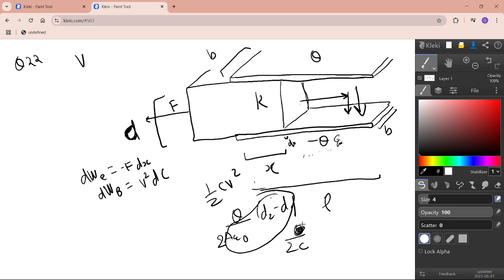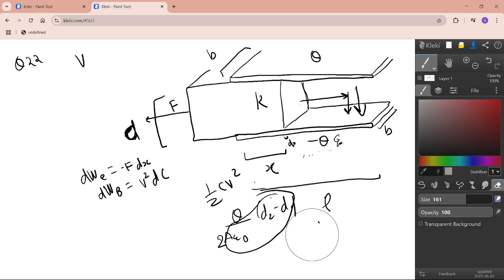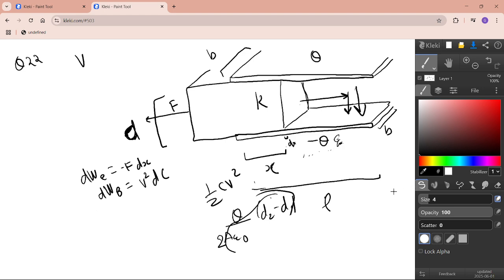And Q is also given by C V. What V by 2? Wait, something, something. The force equal to A epsilon naught times the displacement.